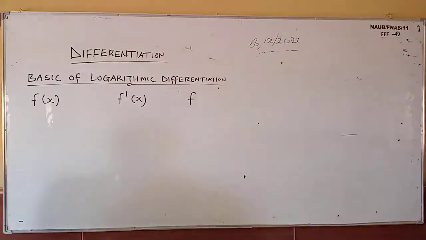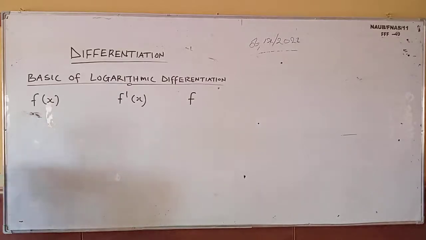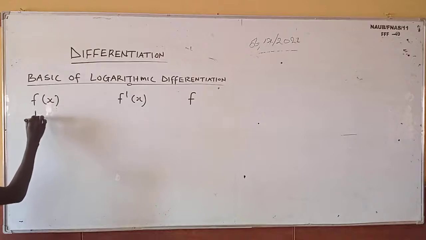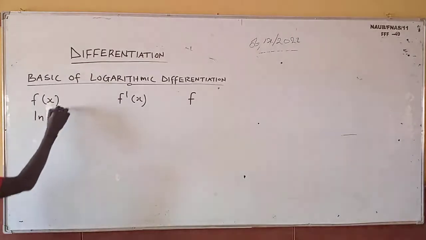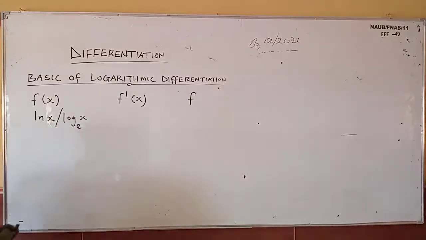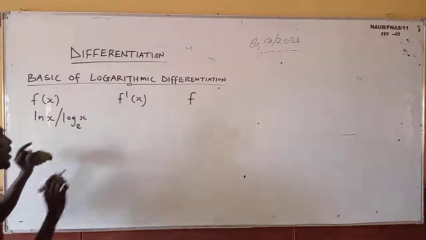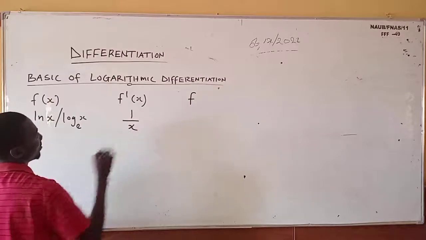So now we have ln s. This ln s is the same thing as you writing log s base e. Please take note of this. This one and this one, they are the same thing, and their answer is the same. If you differentiate ln s, you are going to have 1 over s.